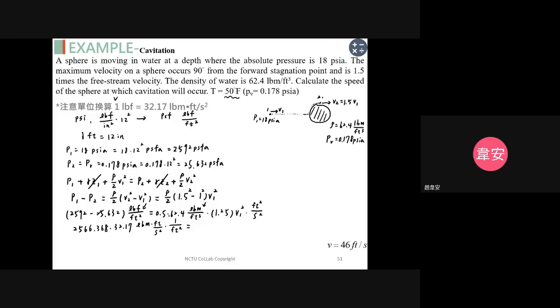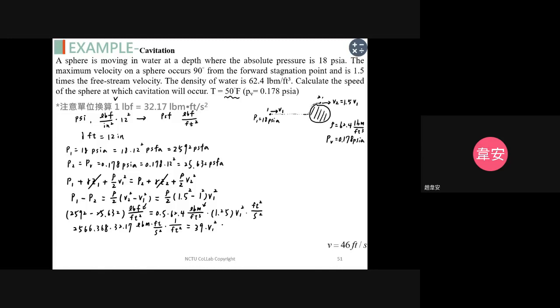On the right-hand side we just take the numbers: 0.5 multiplied by 62.4 and also multiplied by 1.25. So the number on the right-hand side is equal to 39 V1 squared.